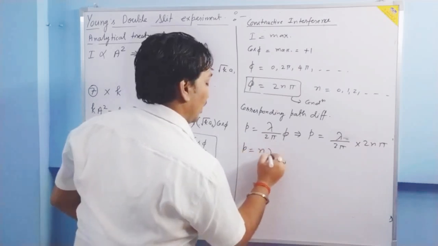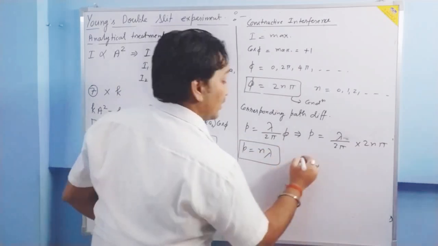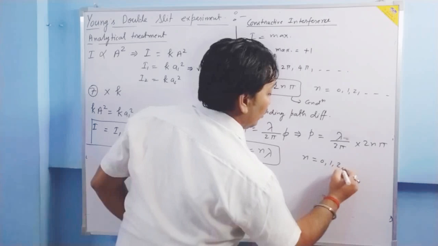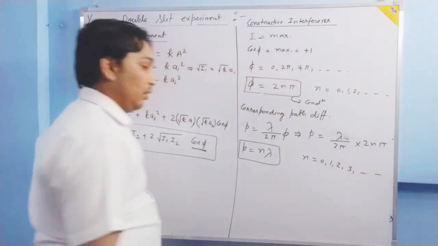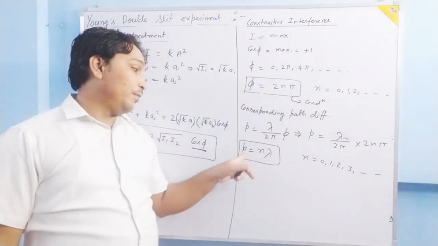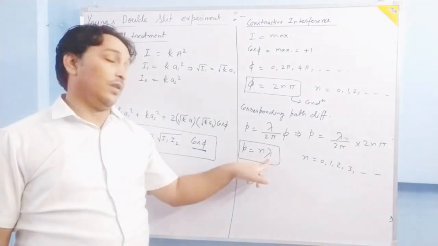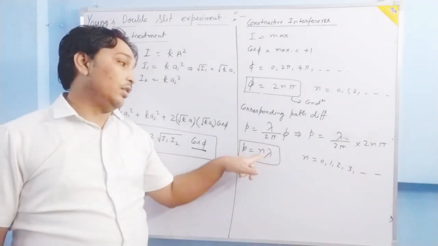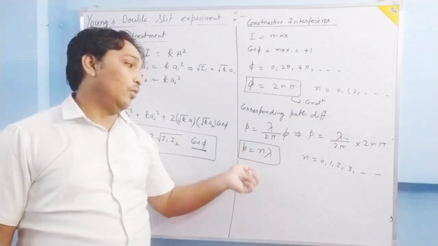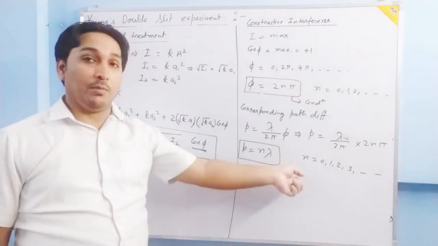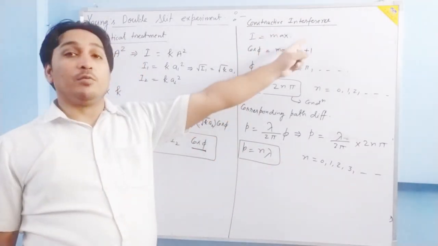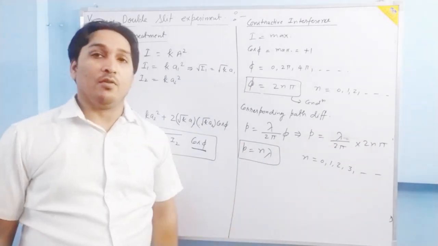P is going to be n lambda, where n starts from 0, 1, 2, 3, and so on. So whenever P is an integral multiple of lambda, 0, 1 lambda, 2 lambda, 3 lambda, 4 lambda, constructive interference will be there, means maximum will be found.